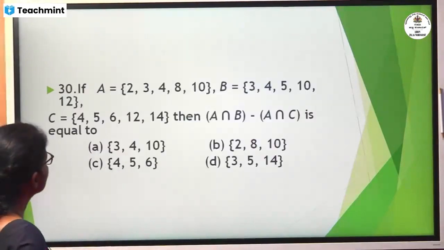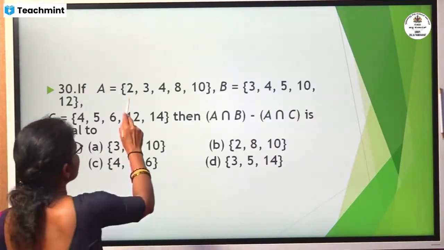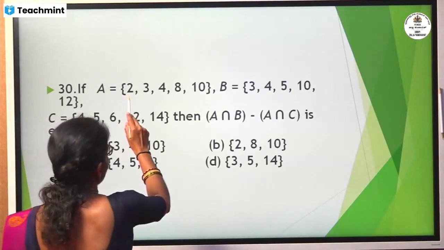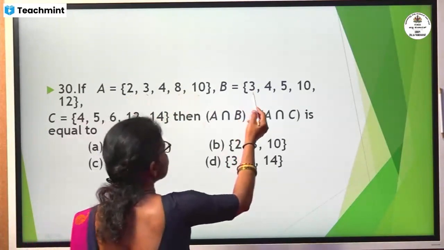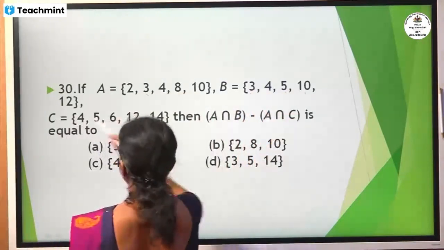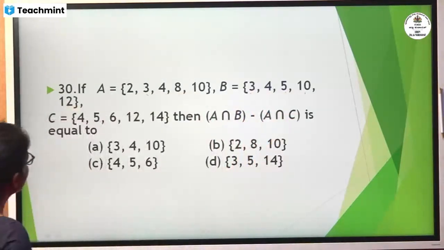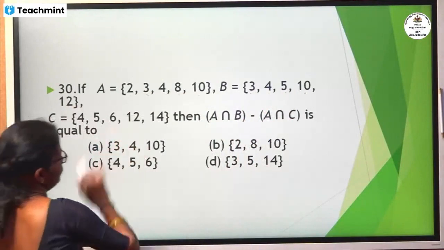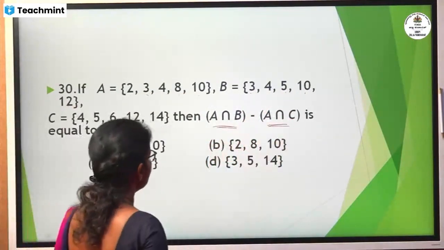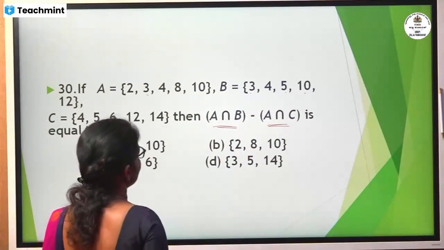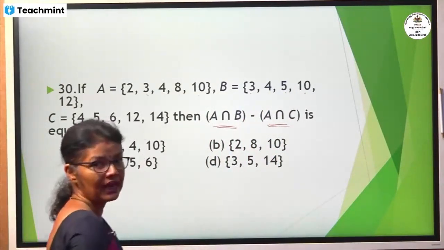Next one, set A has 5 elements, 2, 3, 4, 8, 10. B has 3, 4, 5, 10, and 12. C has 4, 5, 6, 12, 14. Then A intersection B minus A intersection C. Now write down A intersection B. Elements common to A and B, right?